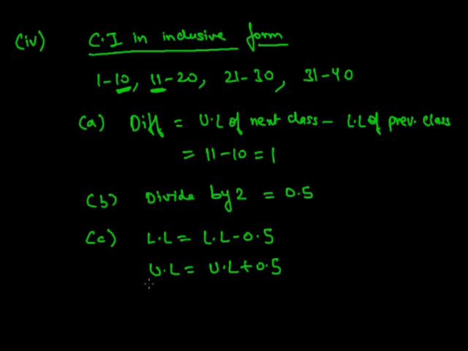So in this way our class intervals will become 1 minus 0.5, that is from 0.5 to 10 plus 0.5, that is 10.5. This will be our first class. Next, in the second class we need to subtract 0.5 from the lower limit, that is 11 minus 0.5, that is 10.5, and the upper limit will be 20.5.